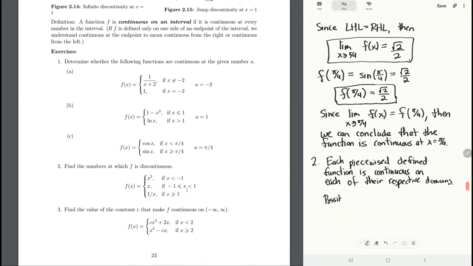So possible points of discontinuity are where the function changes domain.